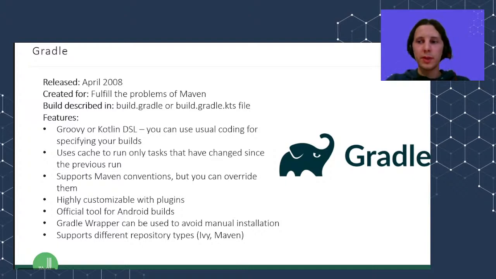Gradle supports Maven conventions, but you can override them. So if you have a Maven project with a Maven folder structure with src, tests, etc., you can reuse the same structure for Gradle. And I would say that it's considered best practice to use the same folder structure in Gradle builds too.